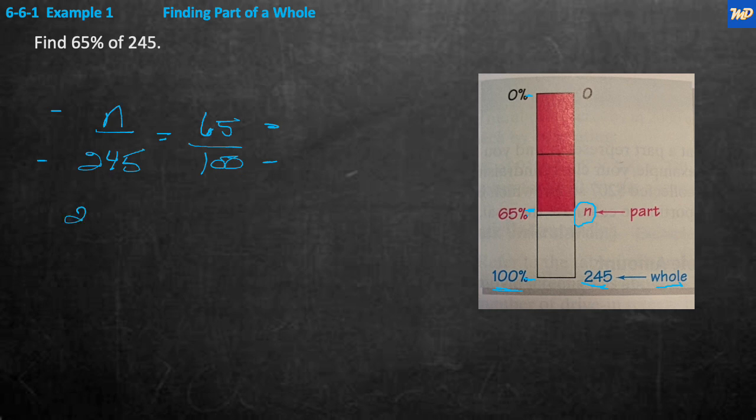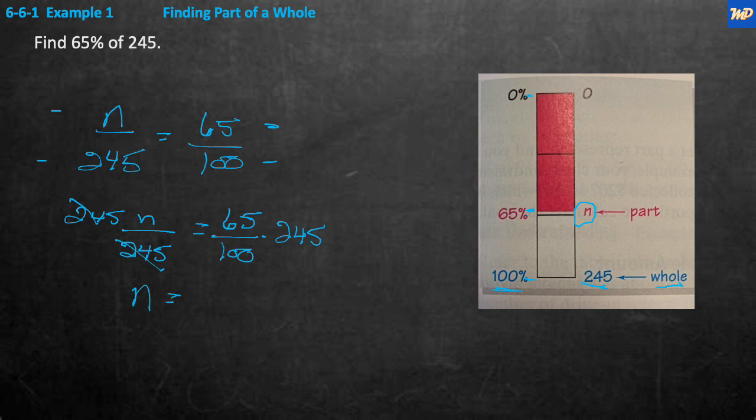So we have 245 times n over 245 is equal to 65 over 100 times 245. If we do our cancellation, the 245 on this side cancels, and we're left with n.